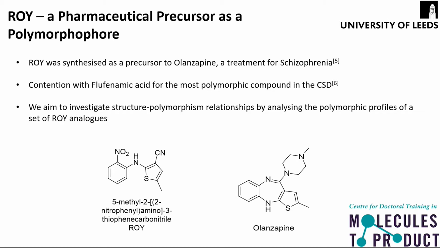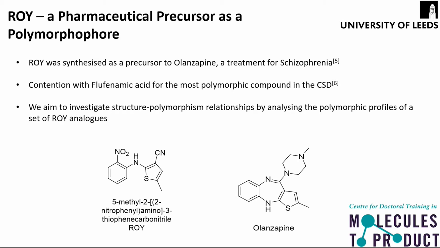Another interesting fact about ROY is that it is in contention with flufenamic acid, which is a member of the phenamate group, which you may remember we mentioned previously, for the most solved single component crystal structures within the CSD. In basic terms, that means that ROY and flufenamic acid are in a bit of a tug of war for who is the most polymorphic compound present within the CSD today.